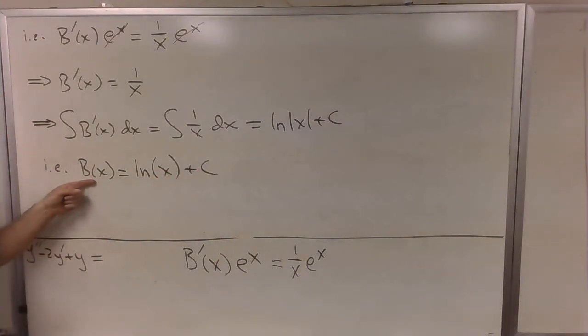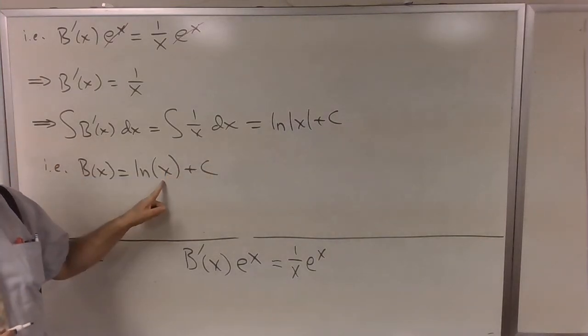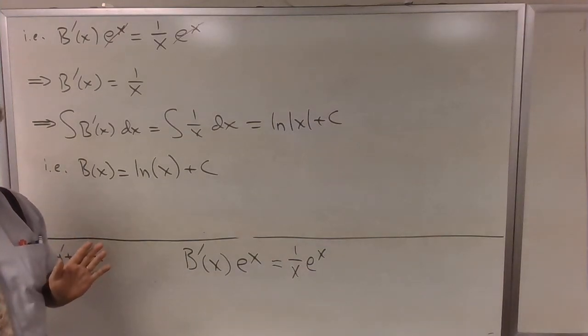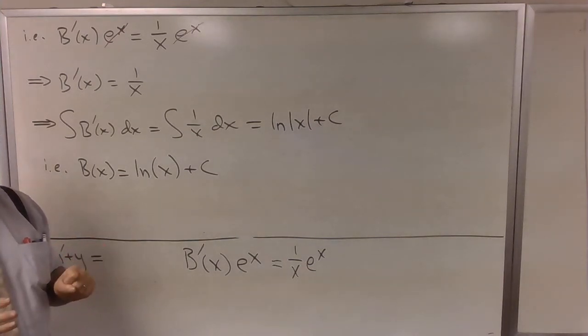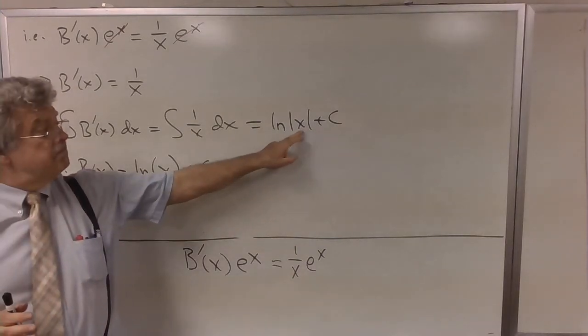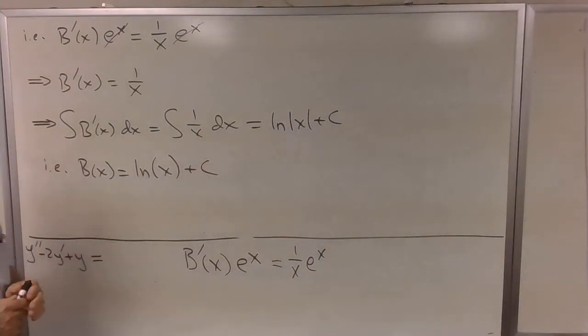This is b of x. And you may have noticed that I threw away my absolute value bars. The reason is, at the beginning of the exercise, we were told to assume that x is positive. So x is positive, we don't need the absolute value bars. This is b of x.